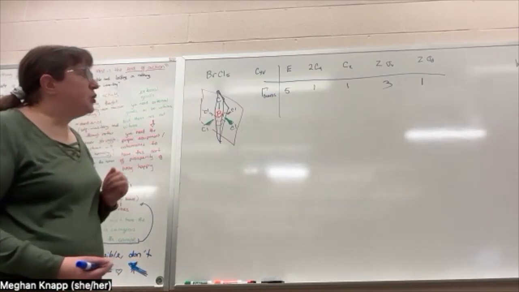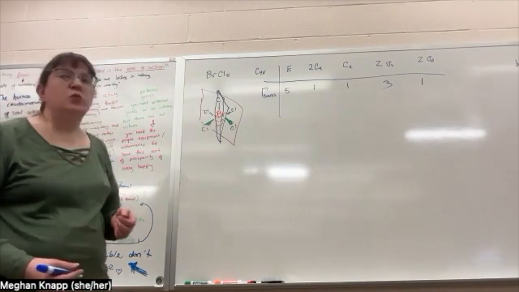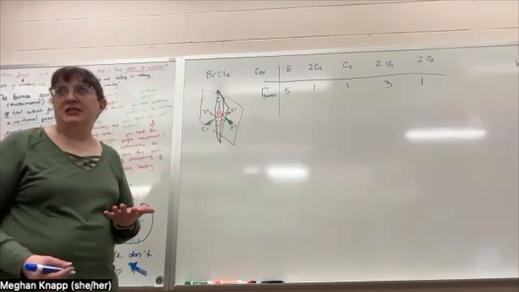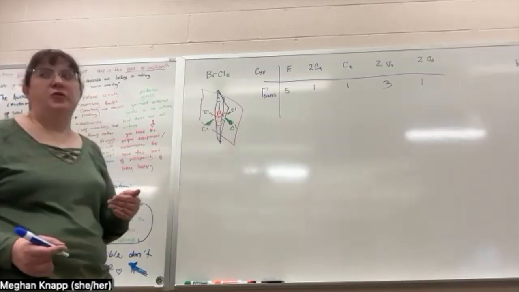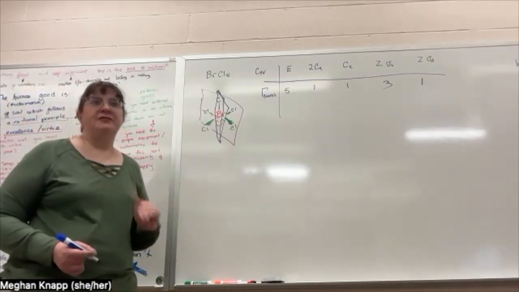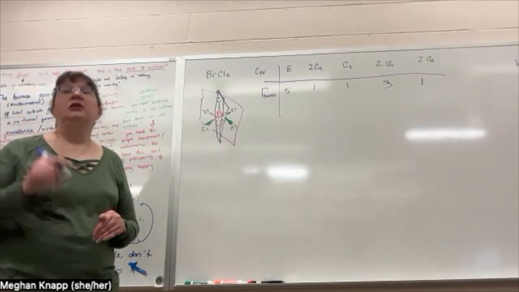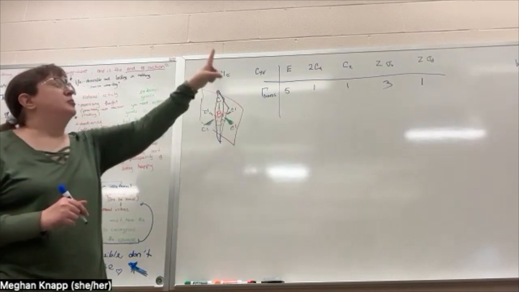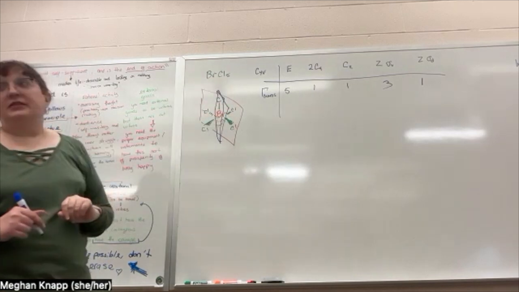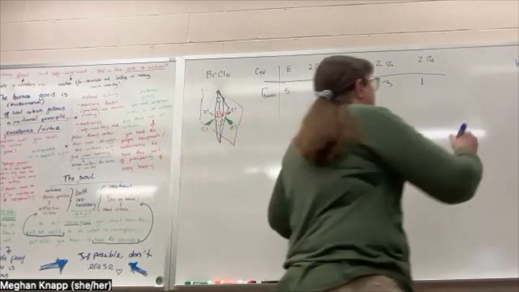All right, so now what we want to do is reduce the representation. In order to reduce the representation, we need to know the order of the group. So what do I have to do? Add up the coefficients. So 1 plus 2 plus 1 plus 2 plus 2 is going to give me 8.